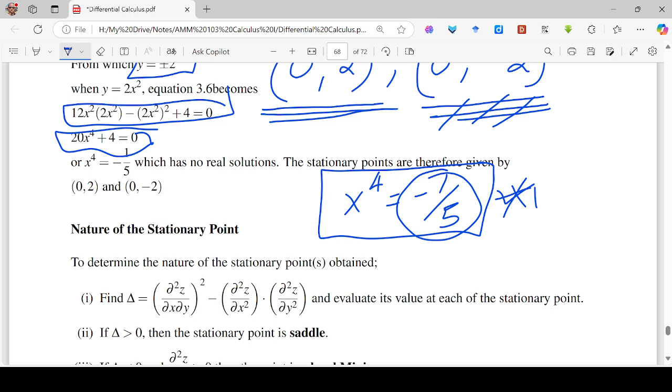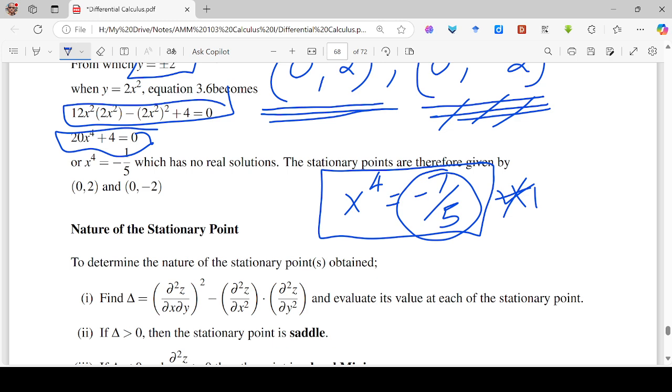Next thing is to determine the nature. Now we know the stationary points, but we don't know whether these are maximum, minimum, or saddle points. So the next thing we want to do is to determine the nature of these points. To determine the nature of the points, we find what we call the discriminant.